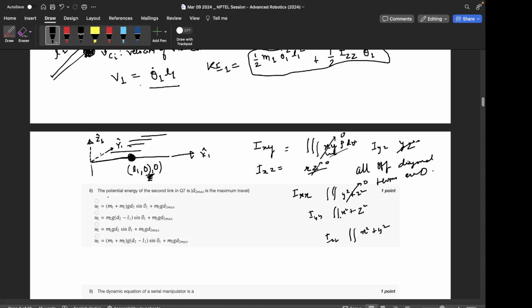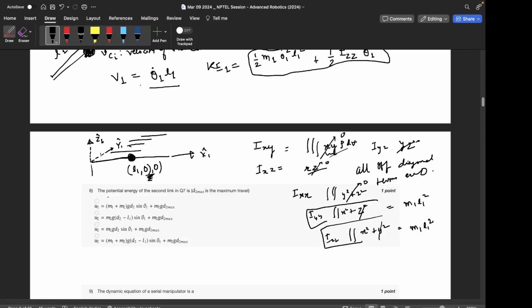So the only two non-zero terms here would be Iyy and Izz. And both will be the same because z and y are 0, which will be some value, and the value will be m1 L1 square, and this is also m1 L1 square, right?